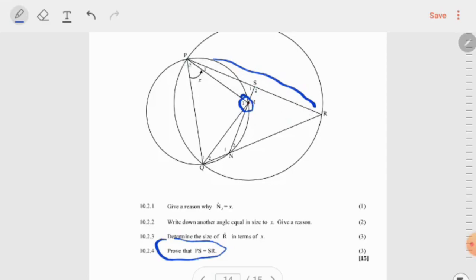Theorem 1 states that if a line is from the center of the circle and is perpendicular to a chord, then it's going to bisect that chord, meaning that it will cut it into 2 equal parts. So if we can prove that MS is perpendicular to PR, then according to that theorem, we would have proved that PS is equal to SR.